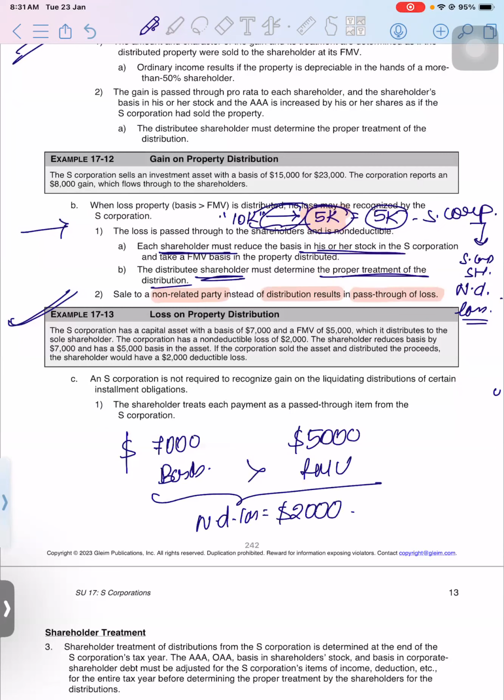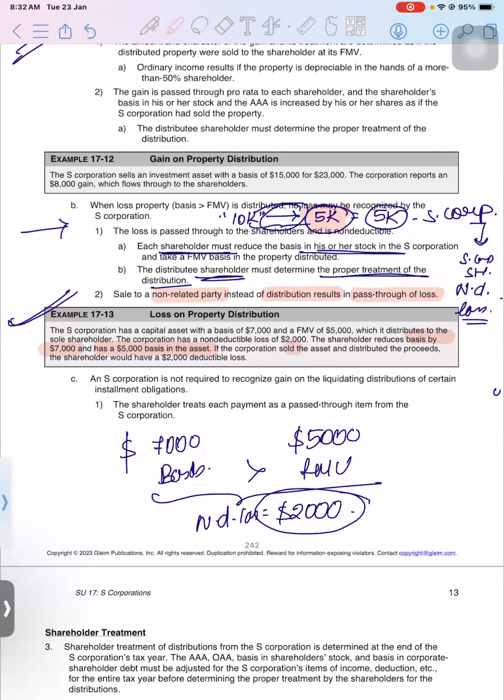So what will the shareholder do? He will reduce his basis. He will not touch any ordinary income which is taxable in his 1040 return. Only and only the basis will get reduced. Okay, so the shareholder reduced the basis by 7,000 and has a 5,000 basis in the asset.